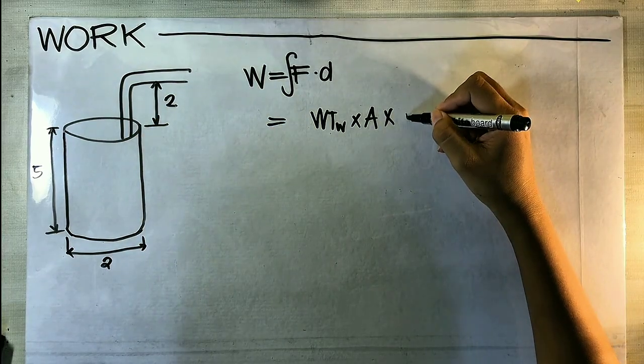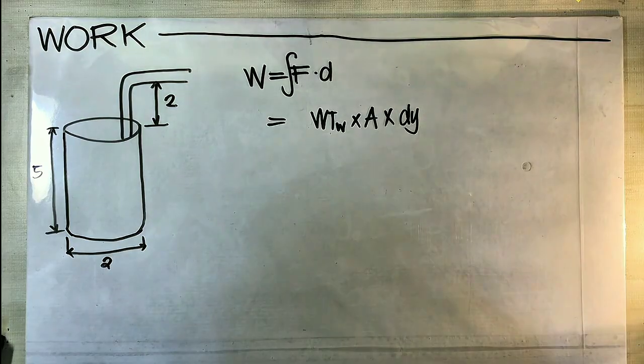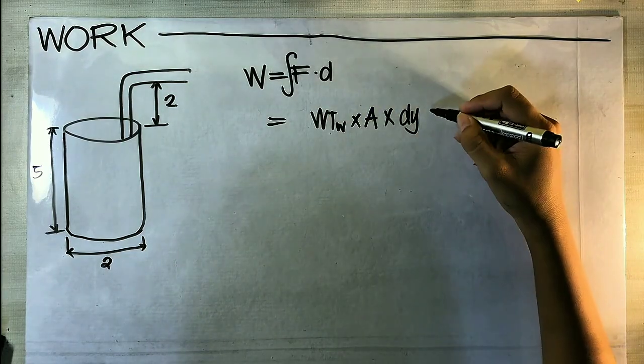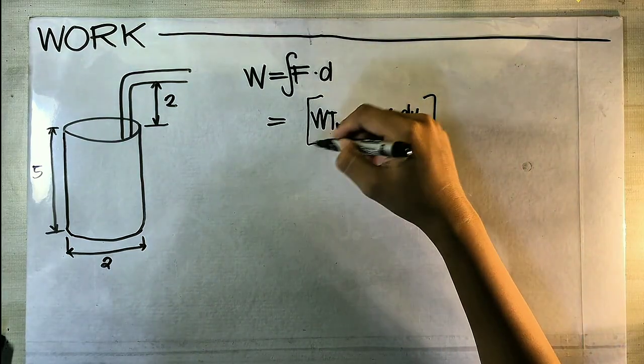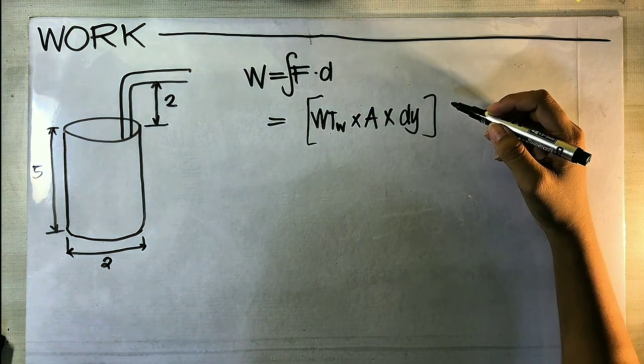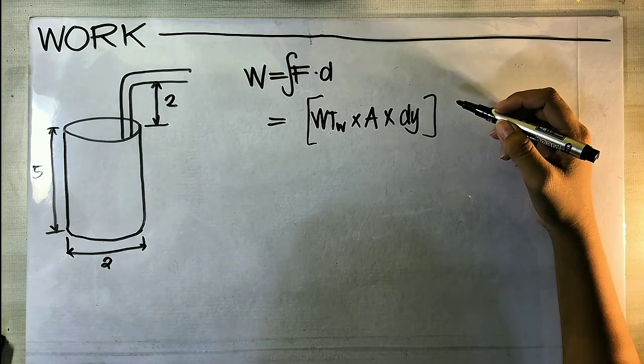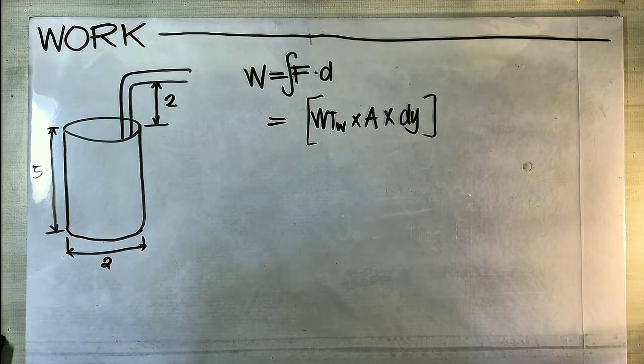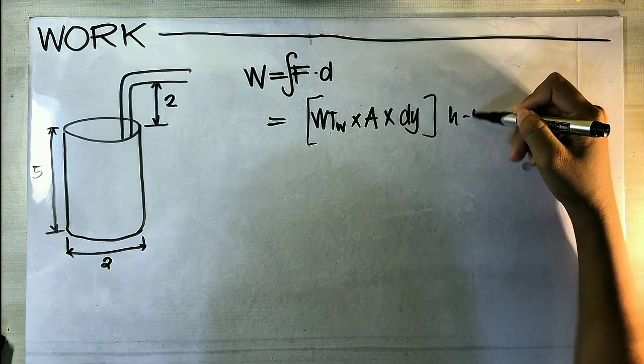So we call it dy. This is our force. And then for our distance, let's bracket this. Our distance is the overall height of where the water will travel minus the distance from the bottom of the tank up to the center, or the height minus y bar.